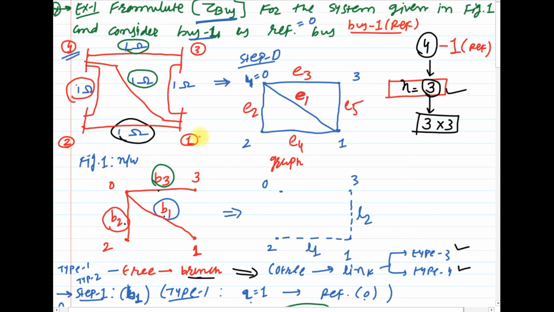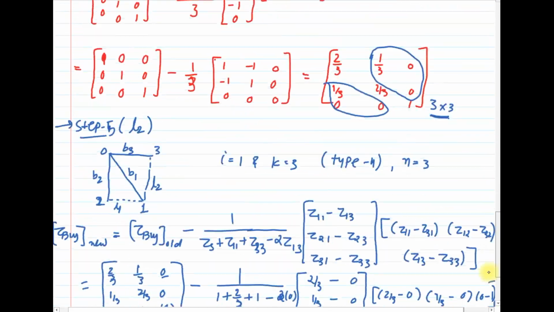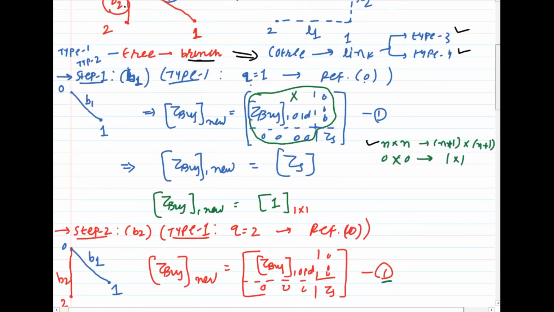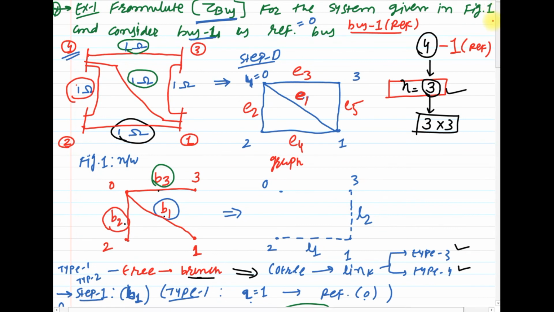Calculate the same example and compare both the answers which you have derived after considering bus number 1 as a reference bus and bus number 4 as a reference bus. Clear? Just verify the answer and discuss it with me. Okay.